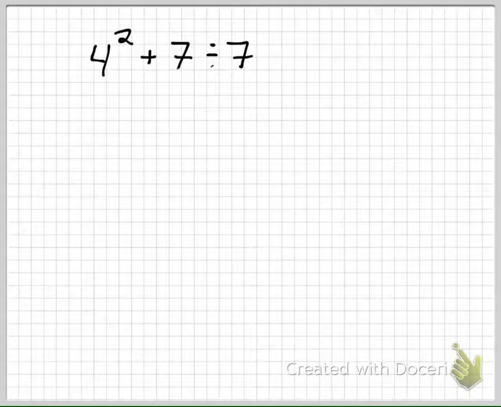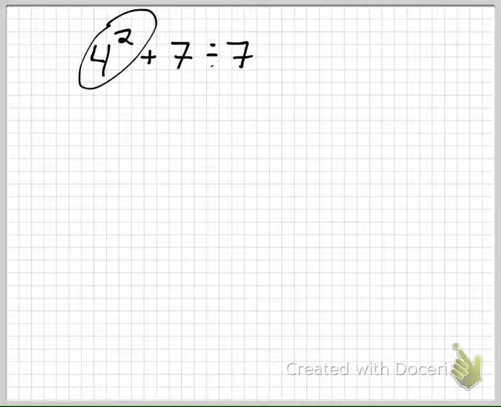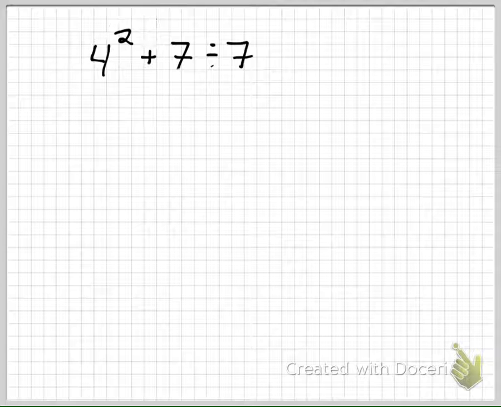No. Next one, exponents. Do you see any exponents? Yes. Got to take care of that first. Somebody read this to me. Richard, read this to me. Sorry, Scotland. Read this to me. 4 to the second power, or 4 squared. What does that mean? 4 times 4, right? It's the base 2 times. So what is 4 squared?